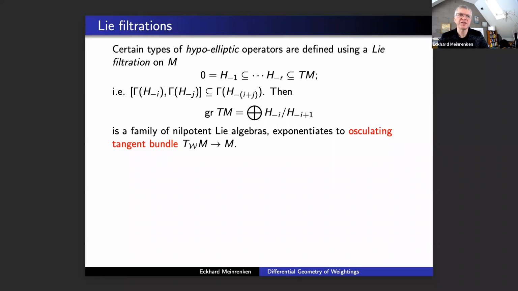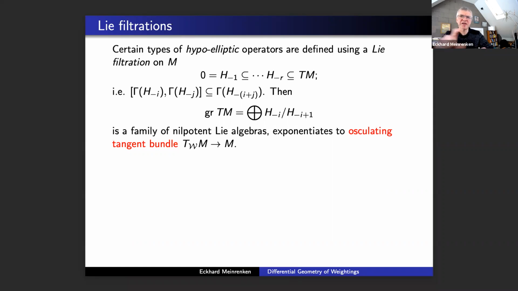One way of seeing this: we have this filtration on the Lie algebra of vector fields as sections of the tangent bundle. Then you get an associated graded bundle with a Lie bracket. And so this is a Lie algebroid with a 0 anchor. And this is this family of nilpotent Lie algebras.